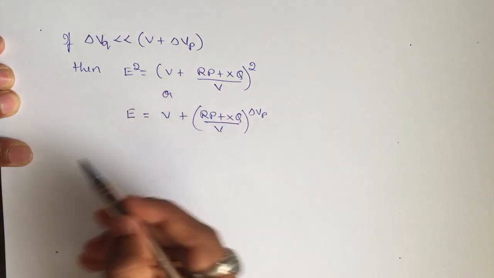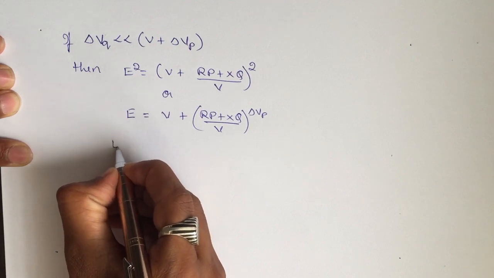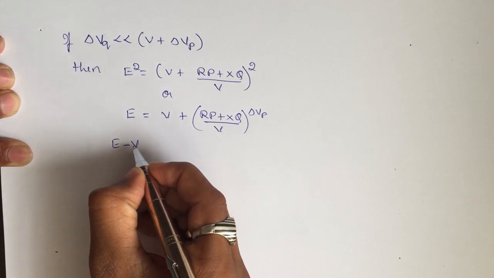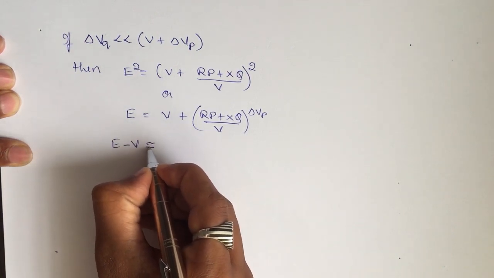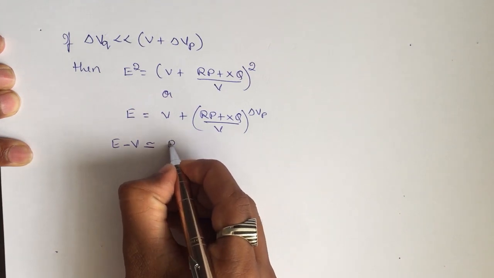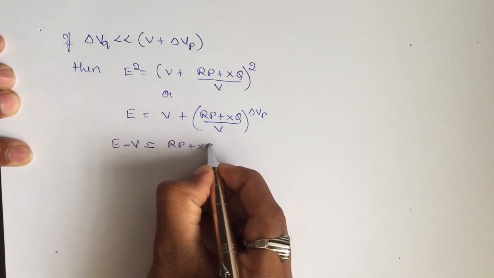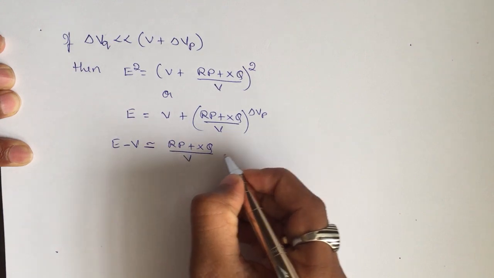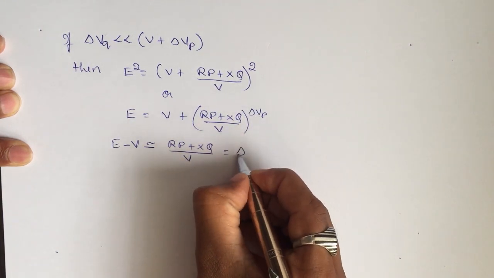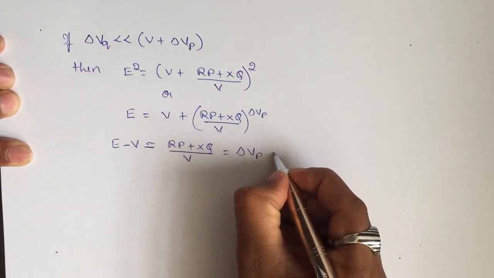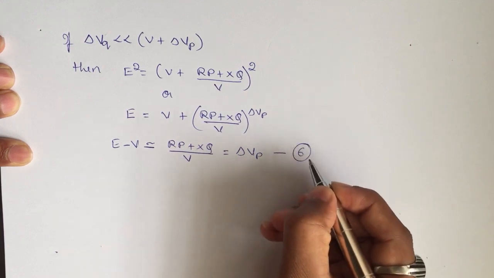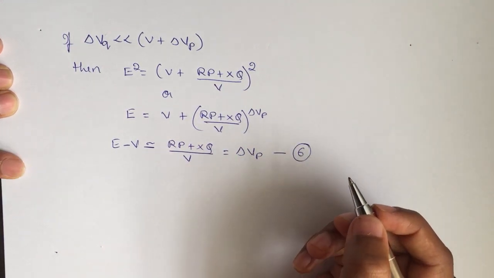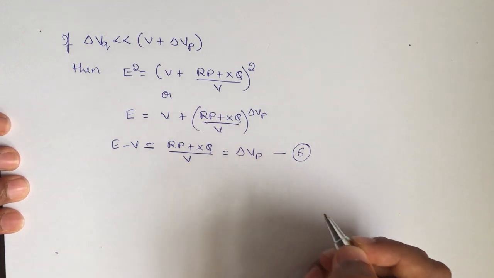Okay, if we rearrange the terms, E minus V will be approximately equal to RP plus XQ divided by V, which is nothing but our delta VP. Mark it as equation number 6.